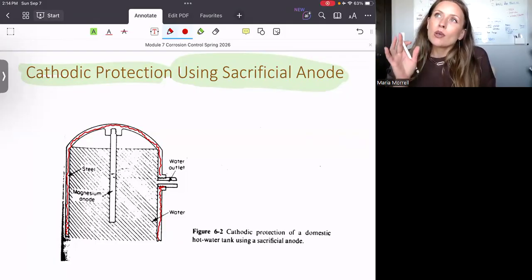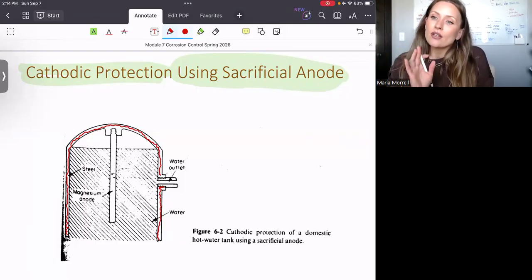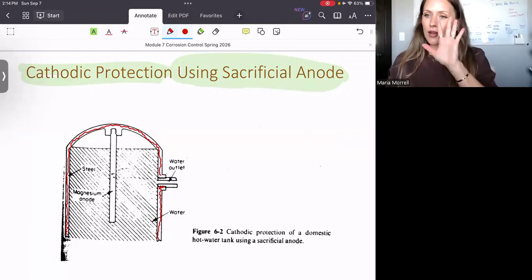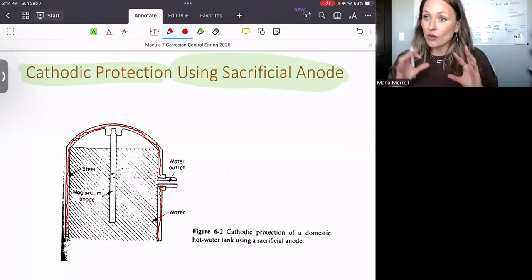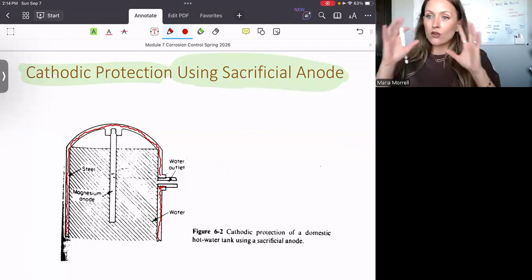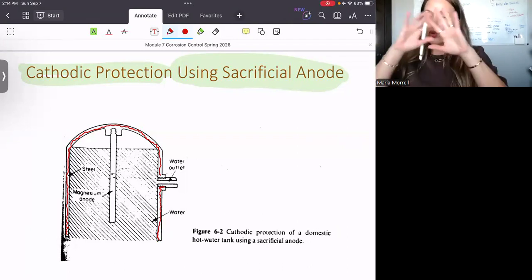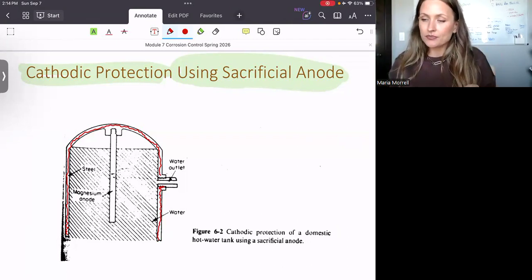Well, if I just have the structure where I have my steel tank with very hot water inside, I will have corrosion, uniform corrosion happening all over my heater tank. That is unavoidable. How can I stop it?